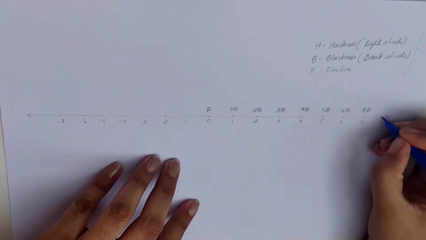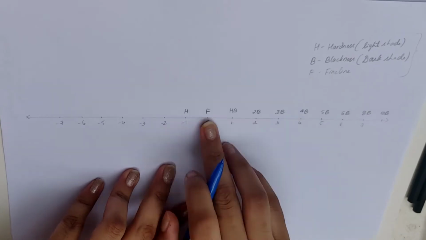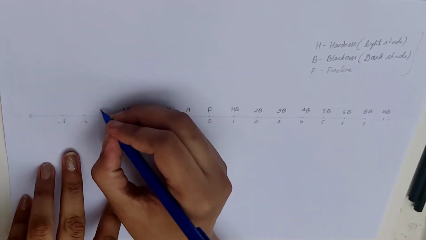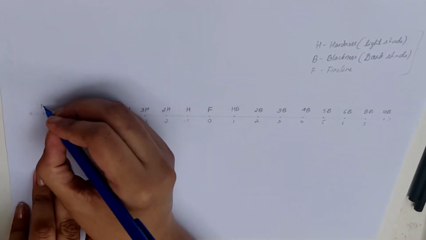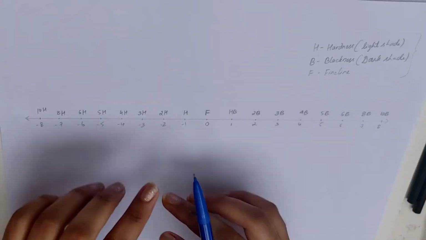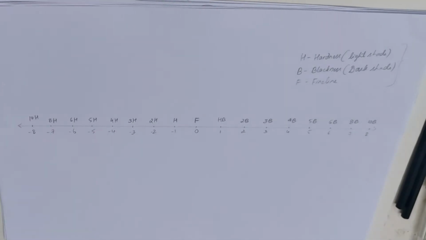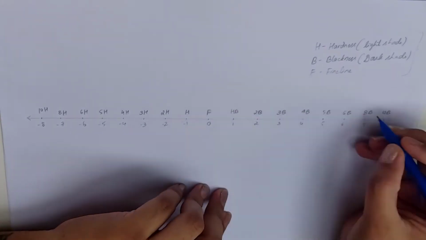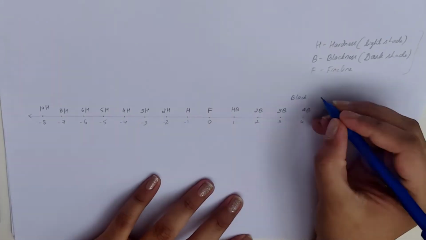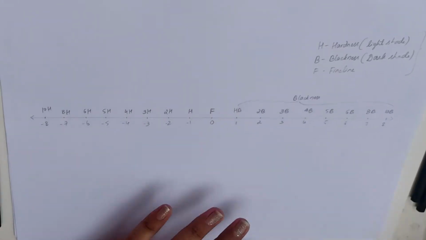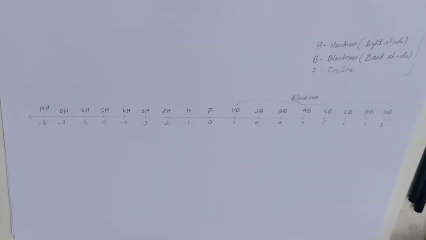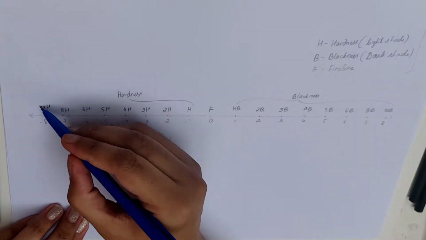B means blackness, that is dark shades. The maximum of dark shades is 10B, and the maximum of the minus range, that is H shades, is 10H. So these are the variety of pencils that we get in graphite pencils, and this is called the pencil range, from 10B to 10H. That's the entire range.